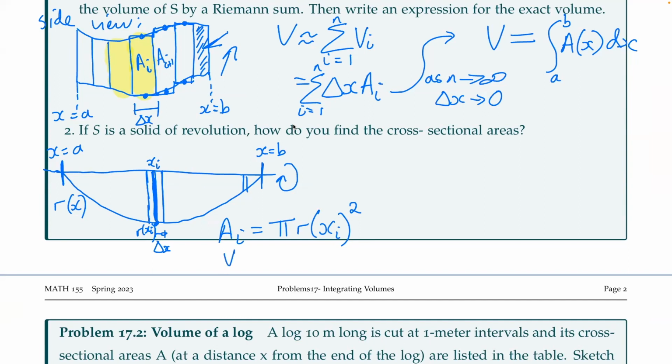And then if we want to work out the volume of the little slice, you can think of these as slices of salami now. It has width delta x and cross-sectional area A i. That gives us the volume of that slice. So in this case, our volume is going to be approximately equal to the sum from i equals 1 to n of our V i's. Just like above, we're summing all of these things up.